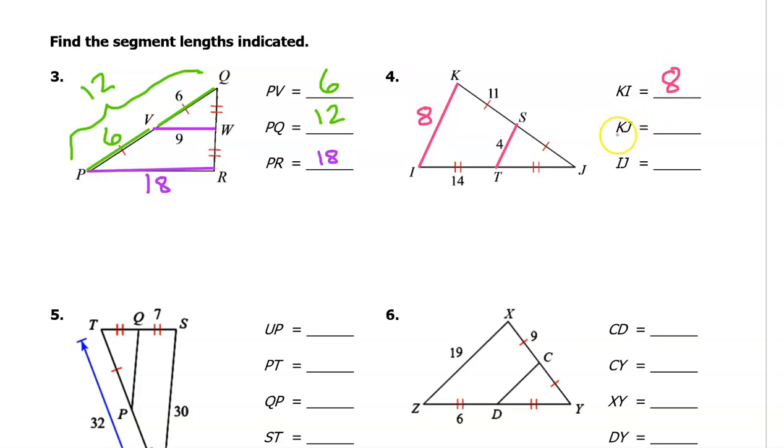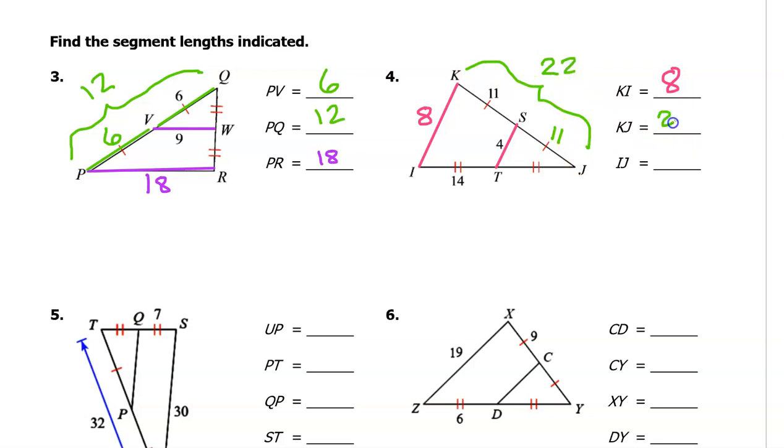We also want to know what the length of KJ is. Well, KJ is the whole way from here to here. So let's go ahead and start with, well, you know what, let me change colors. All right, let's do this side in green. If KS is 11, that means SJ is also 11, which means that KJ must be 22.